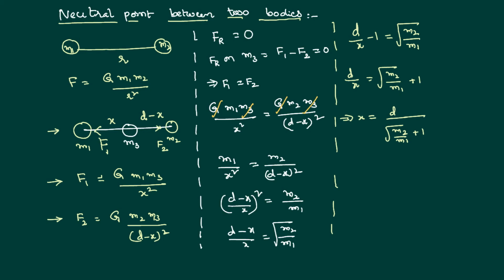That's the location of the point where the resultant force is equal to 0. Therefore, x is called a gravitationally neutral point, such that whatever mass you keep at that point along the same line joining m1 and m2, it is not going to experience any force.